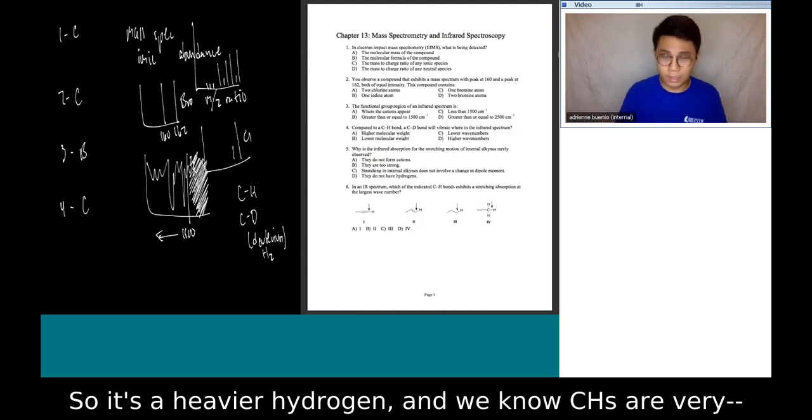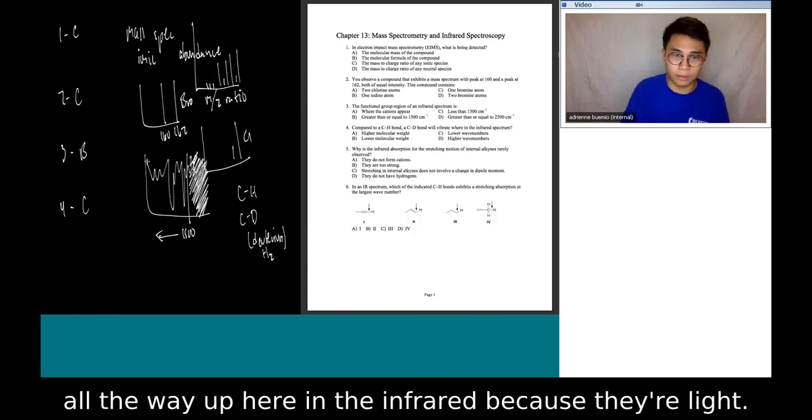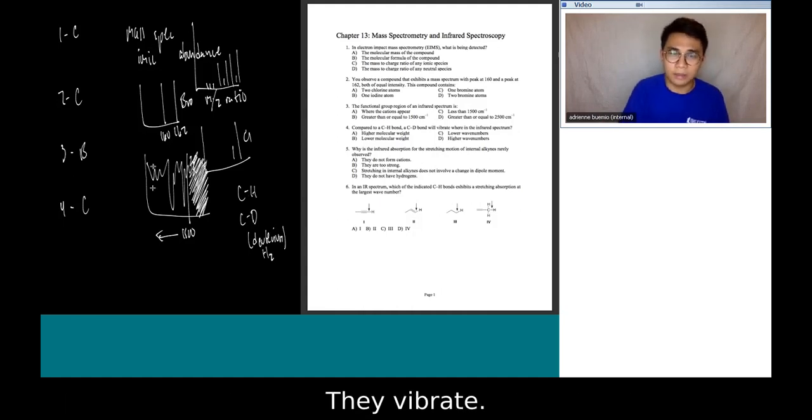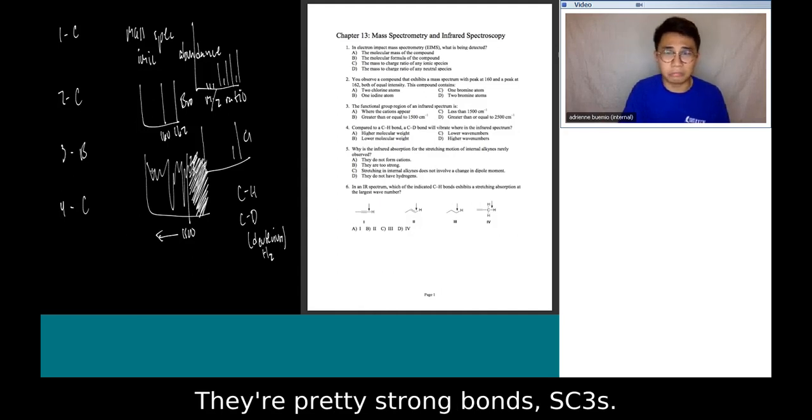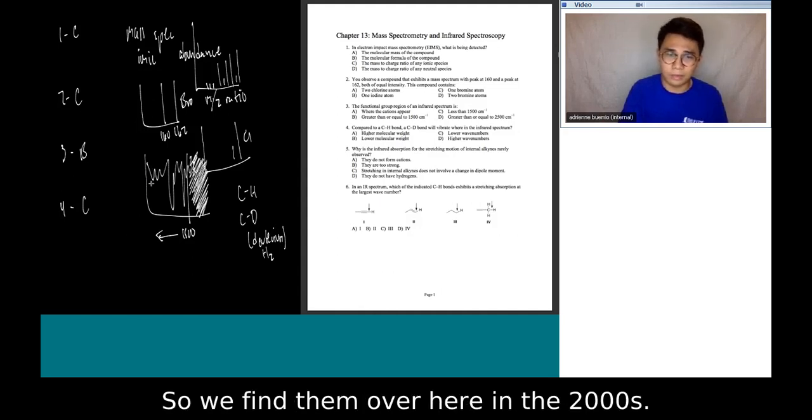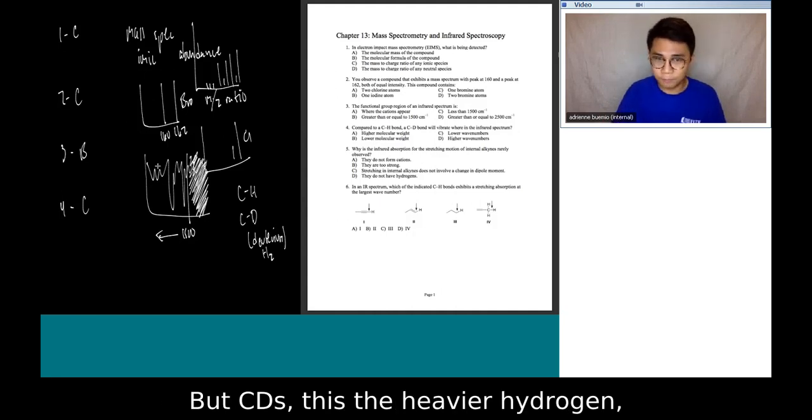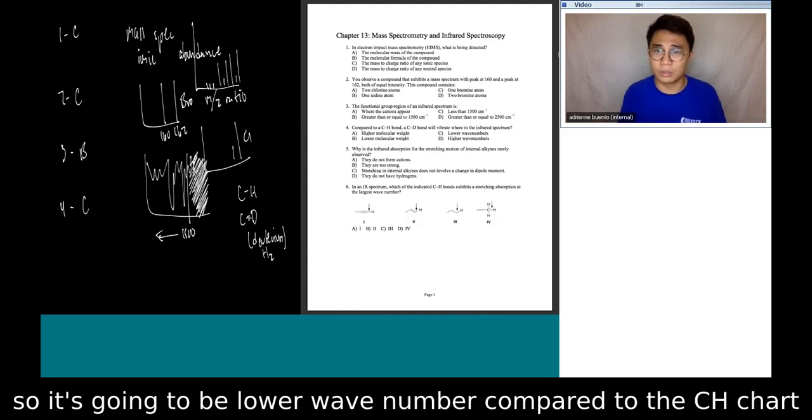We know CH bonds show up all the way up here in the infrared because they're light, they vibrate, and they're pretty strong sp3 bonds, so we find them over here in the 2000s. But CD is a heavier hydrogen, so it's going to be at a lower wave number compared to the CH.